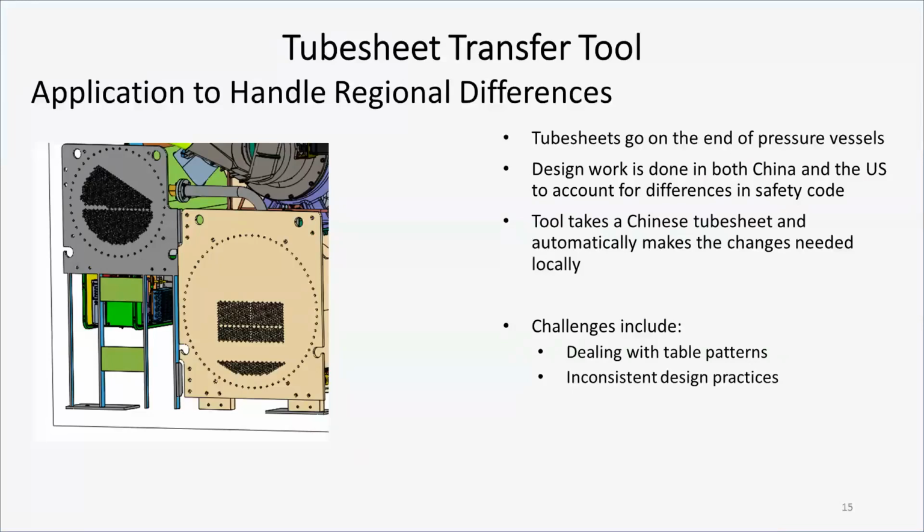So what this tool does is it takes a part from China, maps the drill patterns, maps the tube sheet patterns, and then makes a new part adhering to our codes and makes a drawing. I'll go ahead and show this.